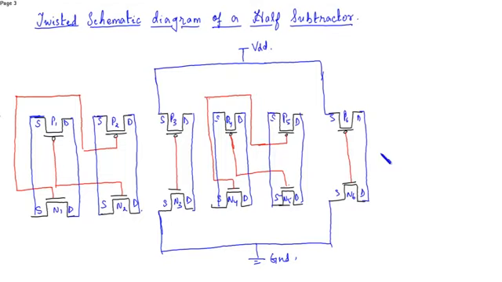Now here this is the input B. So B is connected to this. So we directly connect from here. This is input B. This is B bar. So from here B bar is connected to here.